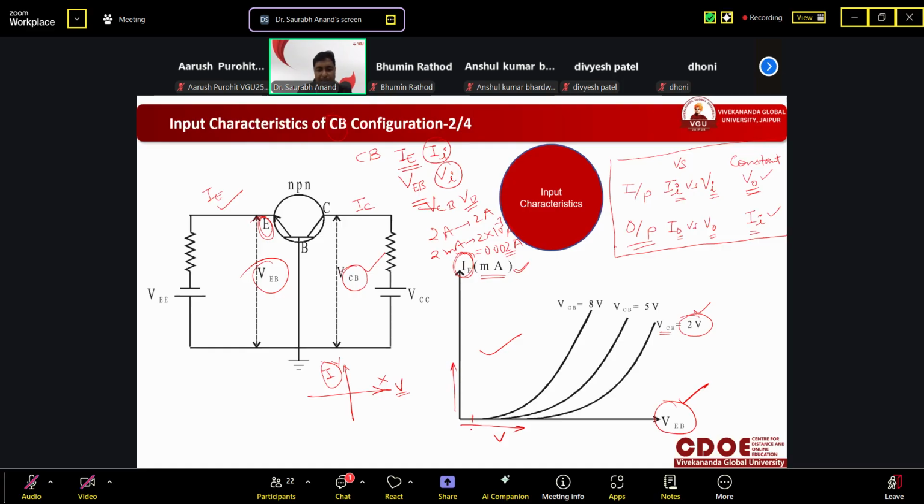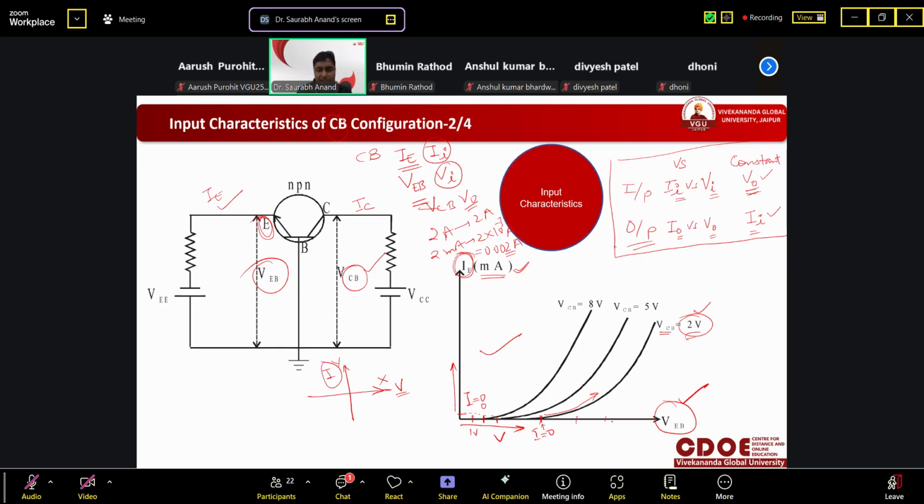So we have applied, suppose, 1 volt. So I is 0 here. Again 0. But after reaching this point, it has this value. After this voltage, the current was rising; till this point the current was 0.